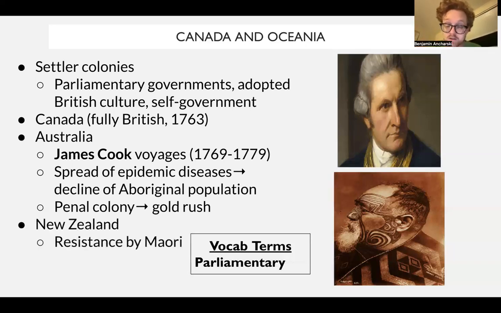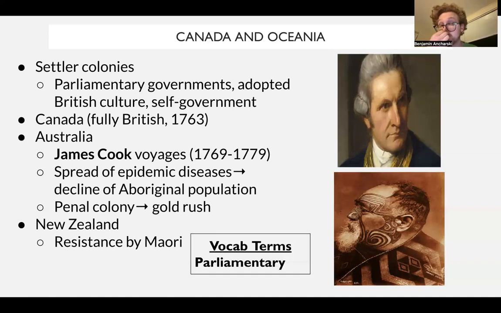All right, last place on this list today, New Zealand. New Zealand is a good example of actual resistance from Indigenous people against European powers. And the big group that is going to resist the British there are the Maori. The Maori are not going to have complete independence. We do see white settlers being introduced into New Zealand.